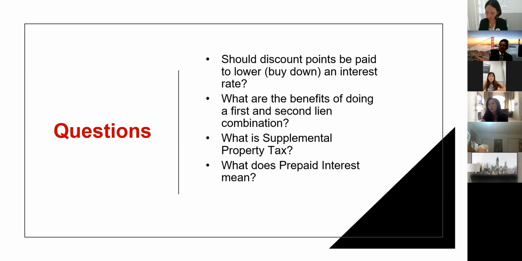And I always spend time with the client to explain what is good, what is bad, and whether they should pay points. I really spend the time with them because it affects their loan for maybe 6 months, maybe 30 years, maybe 15 years. And that's a lot of money.